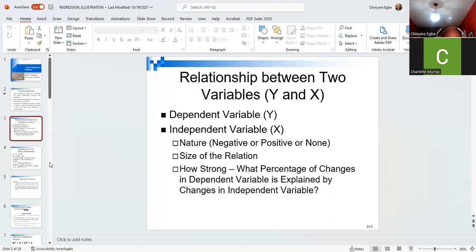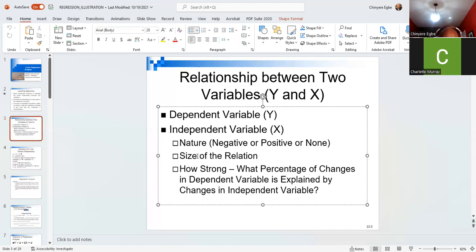Okay? And I'm going to put the alternative word here. Okay, I'm going to say magnitude. Okay. The next thing is, how strong is the relationship? How strong?